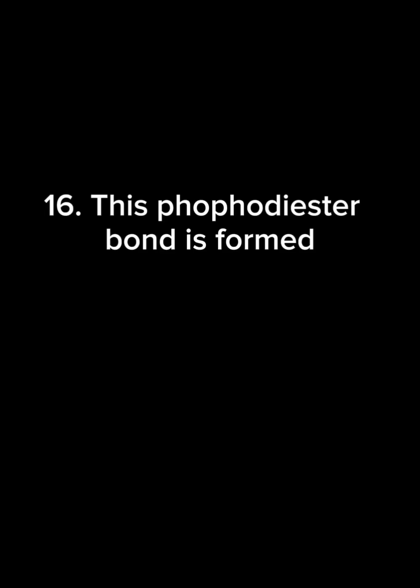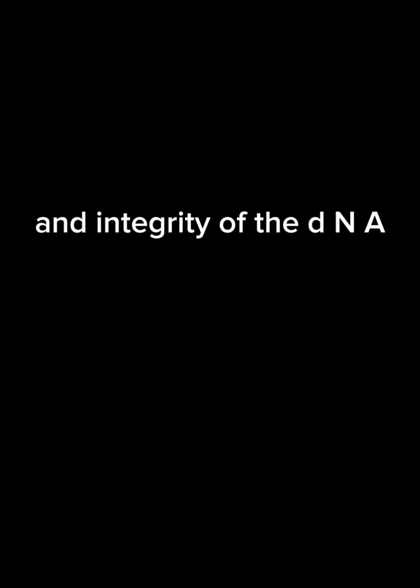This phosphodiester bond is formed when 2 hydroxyl groups in phosphoric acid react with a hydroxyl group on the other molecule, forming ester bonds, and it also assists with stability and integrity of the DNA.